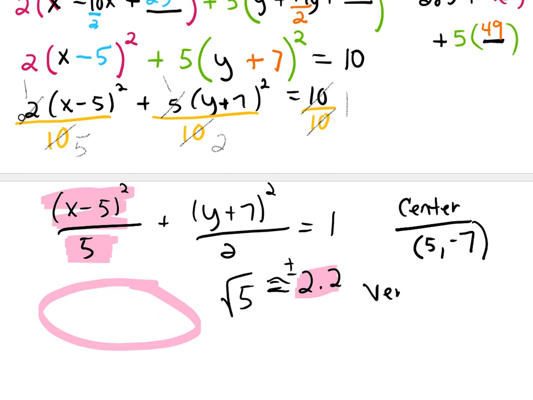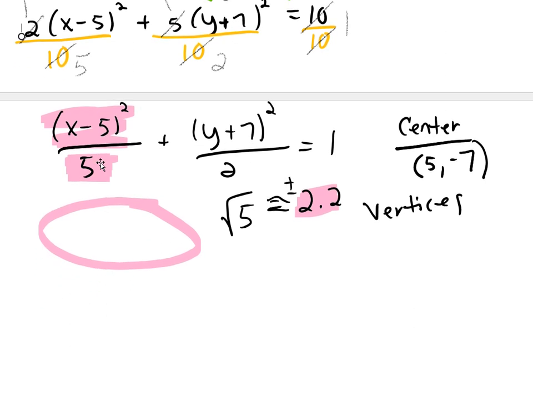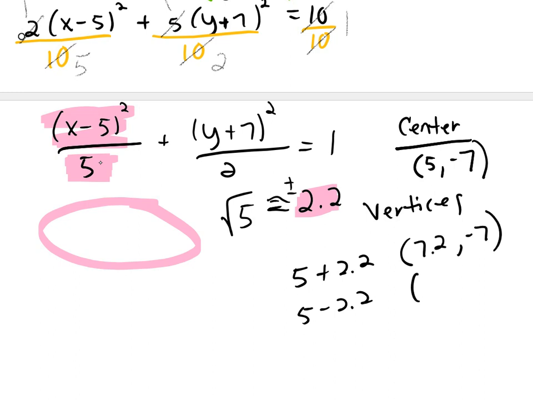So my vertices, oh my God, I'm almost out of time. I'm going to take 5 and add 2.2 to it, and 5 minus 2.2, so that I'm going to have a 7.2, negative 7 and a 2.8, negative 7. And those will be my vertices, and I'm out of time. It's going to cut me off.